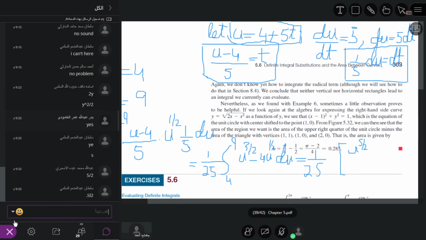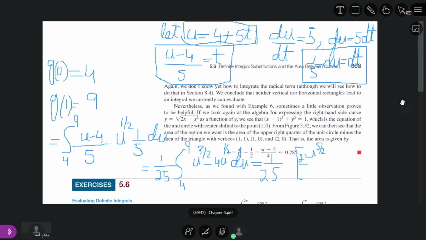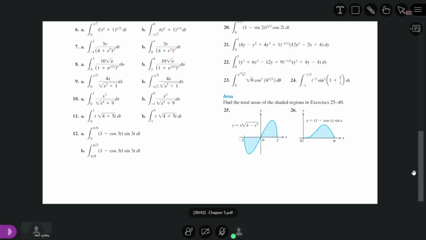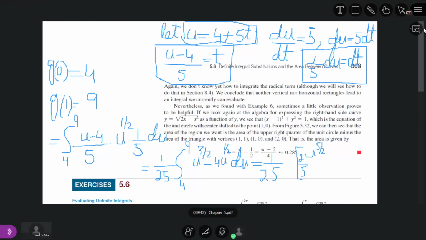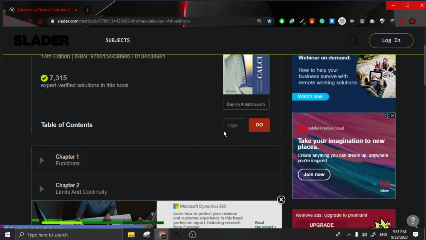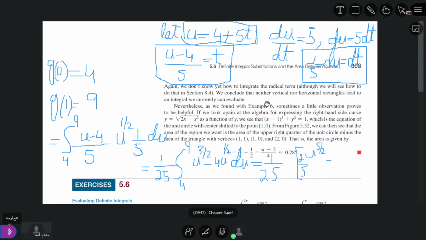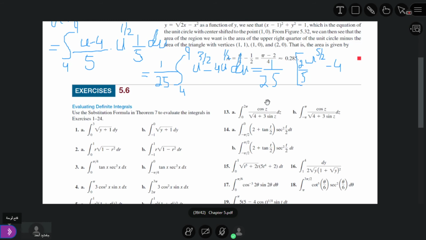This will be multiplied by 2 divided by 5. So u power 5 by 2 times 2 divided by 5, minus 4. Now what is antiderivative of u power 1 by 2?